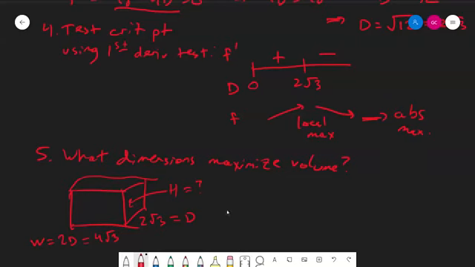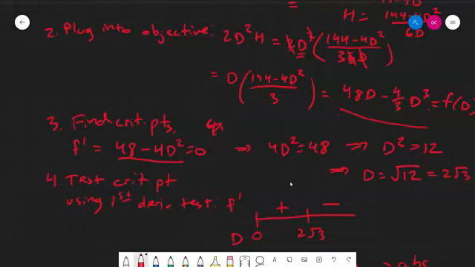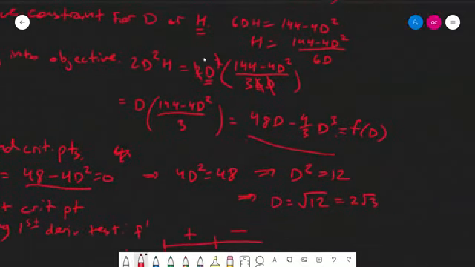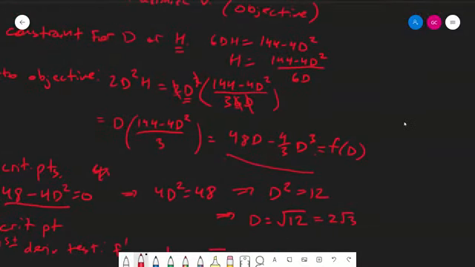The whole point was that the height was determined by the depth. If we scroll up just a little bit, remember we found that h was 144 minus 4d squared all over 6d. So let's plug in d equals 2 root 3 into that, or maybe it's even easier to just plug in root 12.